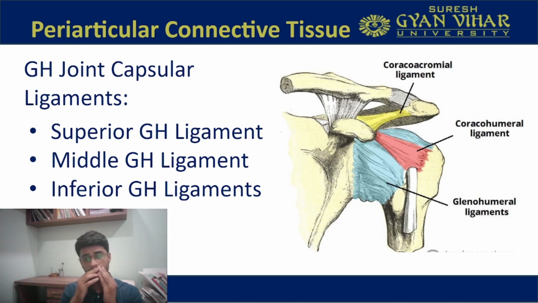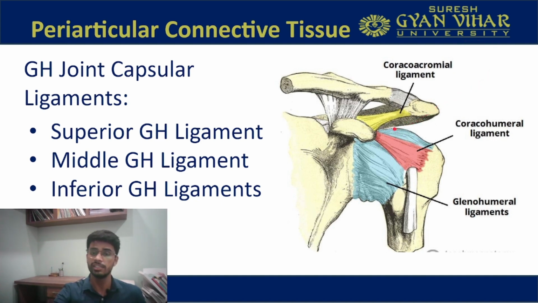In that order, we will first understand the most important connective tissue, which is the glenohumeral ligament or the capsular ligament. This is the ligament present between the glenoid cavity and the humerus, and there are basically three: superior glenohumeral ligament, middle glenohumeral ligament, and inferior glenohumeral ligament.